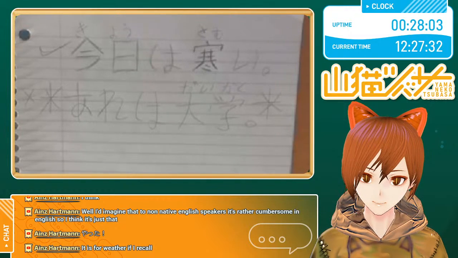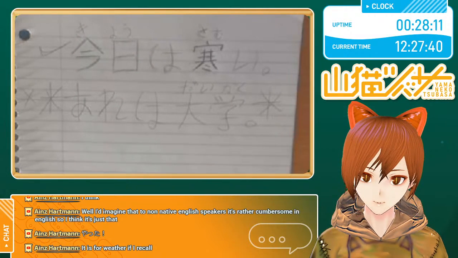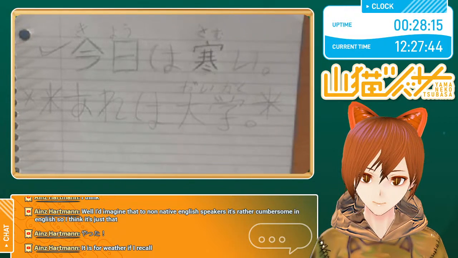Tsumetai is that. How about furi? I remember... No, I'm definitely pronouncing that wrong. I thought it was one that started with the fu. There's samui and tsumetai.